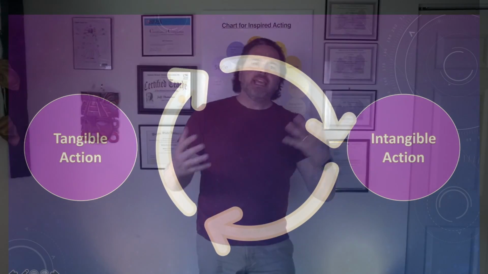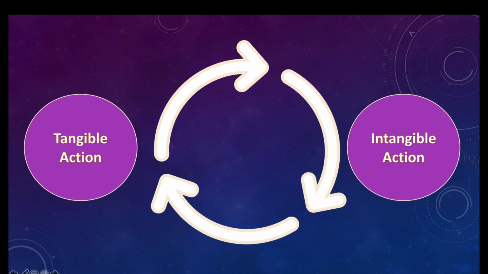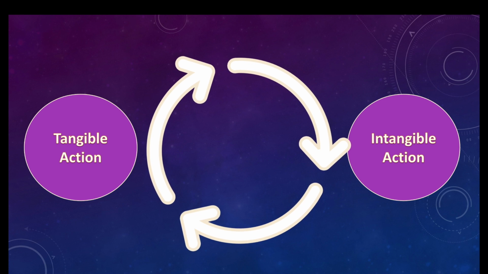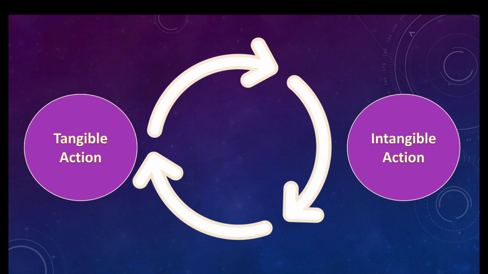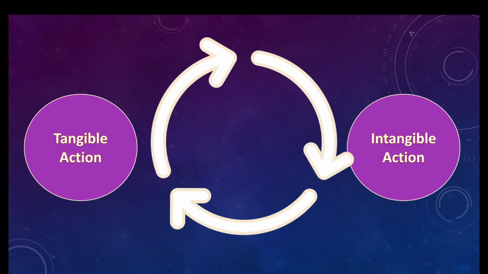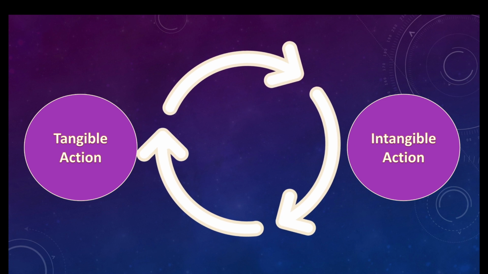Oftentimes, our tangible and intangible actions are working in tandem with each other, each external action influencing and sparking an internal action within ourselves and our scene partners, which in turn influences more tangible and intangible actions, creating a fluid and dynamic performance until it reaches its conclusion.